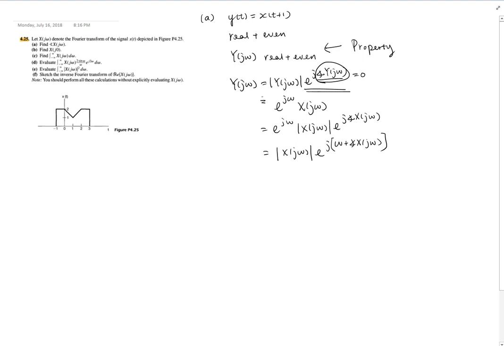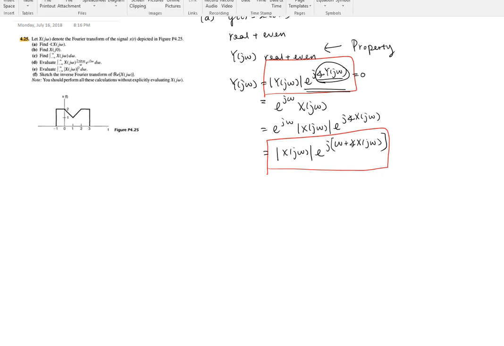Notice this: this signal equals this signal. That means the magnitude has to be equal and the phase has to be equal.